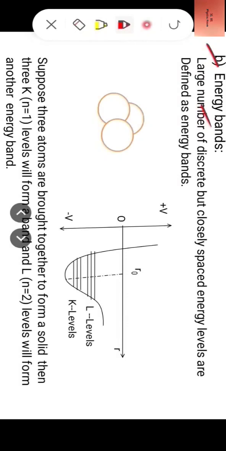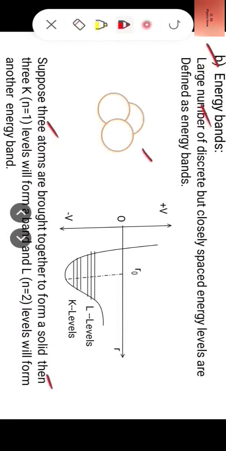Now suppose three atoms are brought together to form a solid. These are three atoms which we have brought close to each other to form a solid.